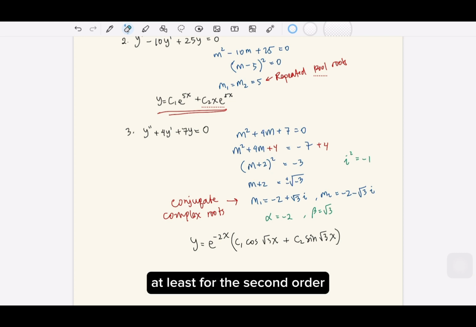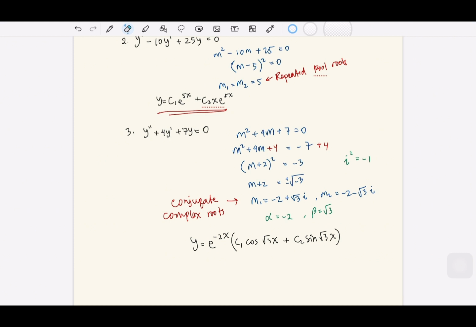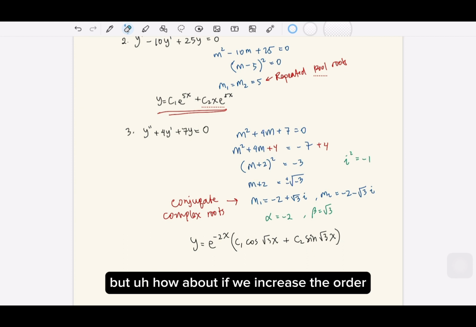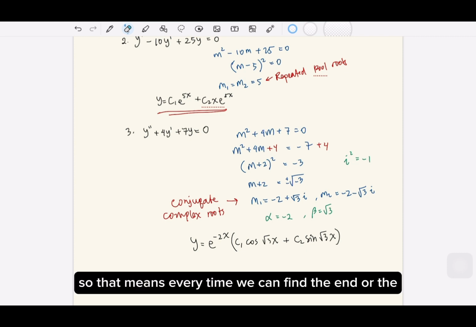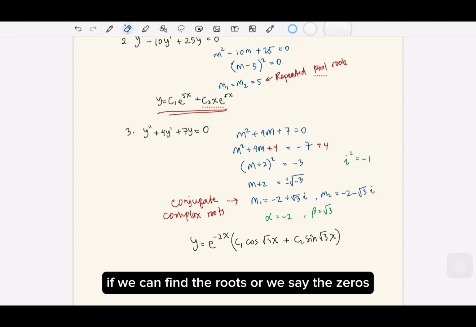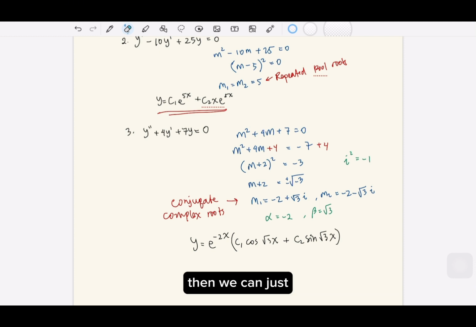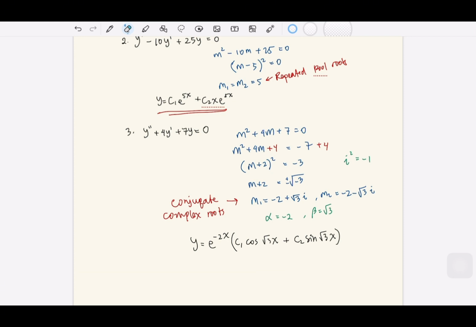At least for the second order, we can solve based on three cases: distinct roots, repeated roots, and conjugate complex. But how about if we increase the order, maybe third order or fourth order? Every time we can find the m, as in polynomials, if we can find the roots, or the zeros, then we can just add all these expressions into one general solution.